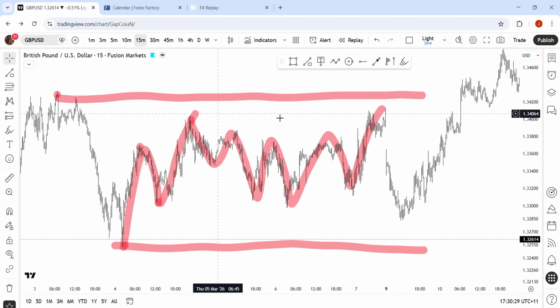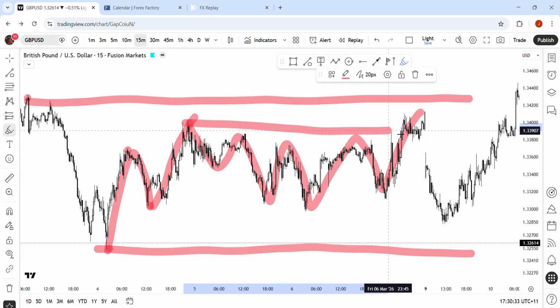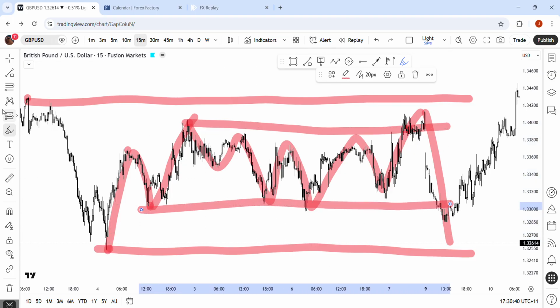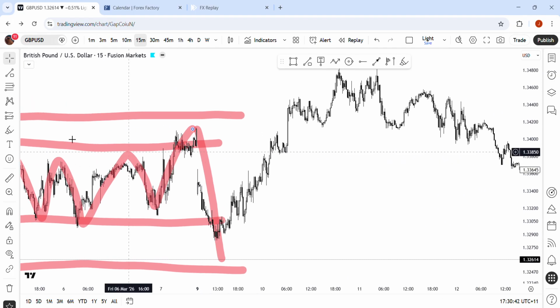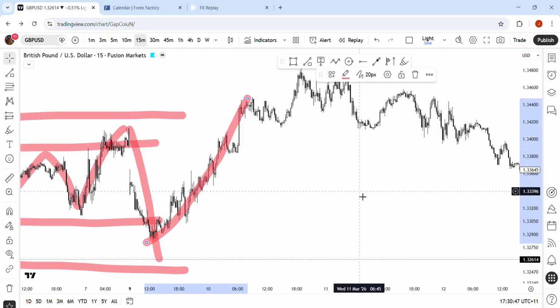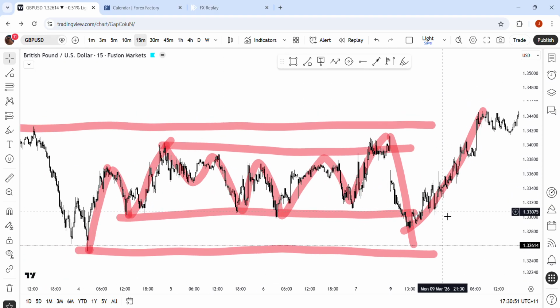And as you can see, price even swept this level here, making a new high, and then it completely dropped, taking out liquidity here. And then what happened again? We completely reversed up bullish. So this is the rubbish price action you want to stay out of.